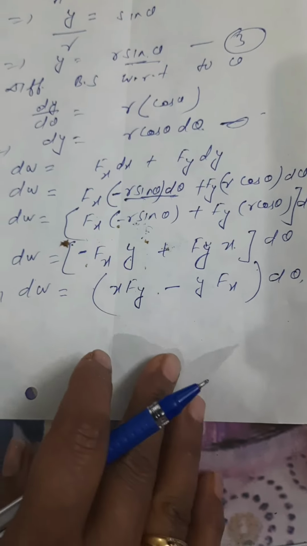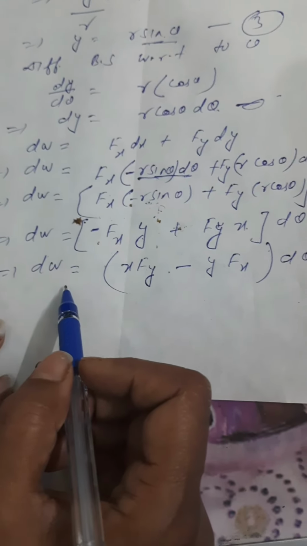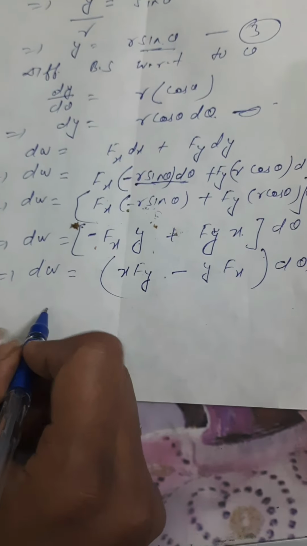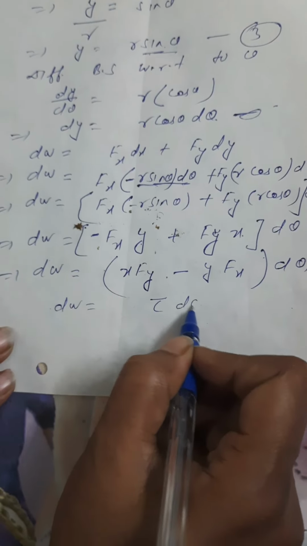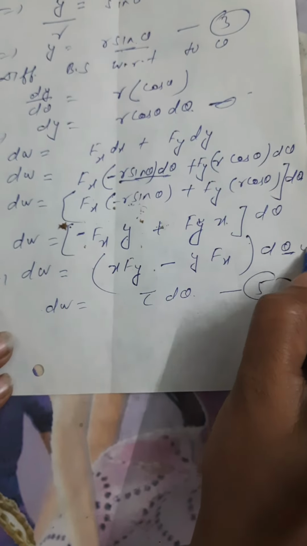Clear? But in rotations, what will be the value of work done? The value of work done will be dw is equal to tau d theta. This will be equation 5, and this is the fourth.